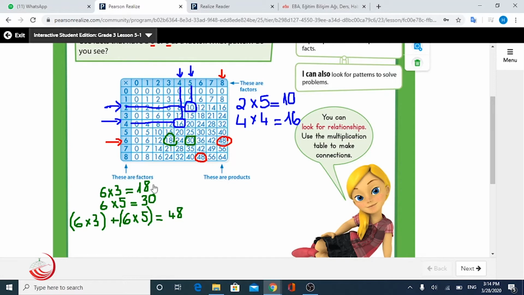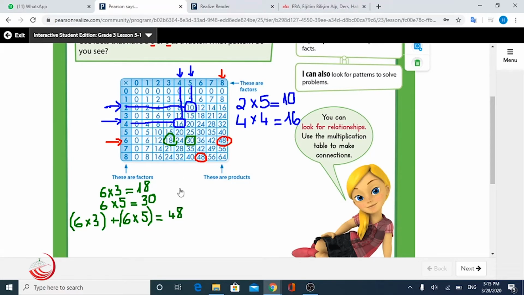This is not the only answer. There are too many answers. Let's try it. If I add 12 to 36, I will get 48 too. 12 is 6 times 2, and 36 is 6 times 6. Both of them together will give me 48.